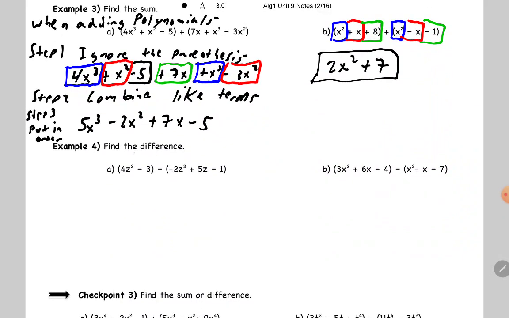Okay, find the difference, which means we're subtracting polynomials. So unlike adding, we have to do something with the subtraction here. So we can't ignore the parentheses just yet.